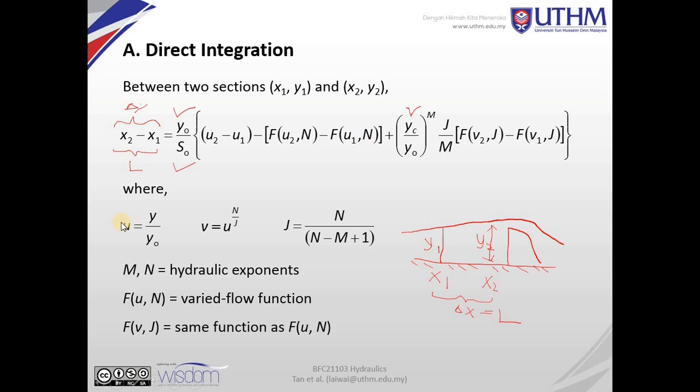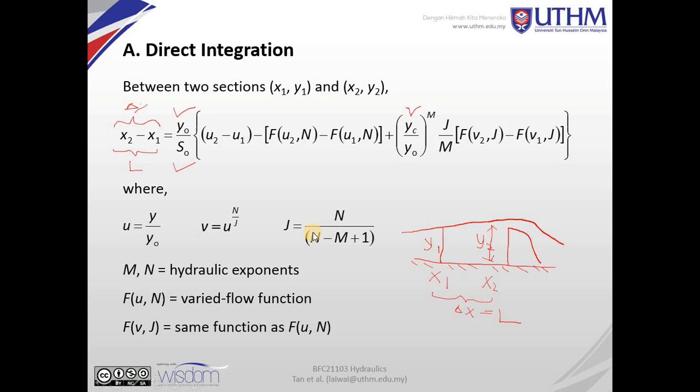For instance, U here is the parameter which can be calculated using this formula. U is equal to y divided by Y0. So Y0 is the normal depth, Y is the GVF depth at the particular segment.